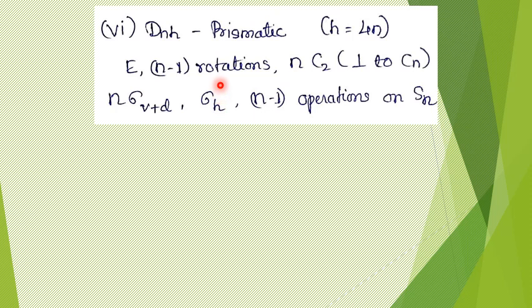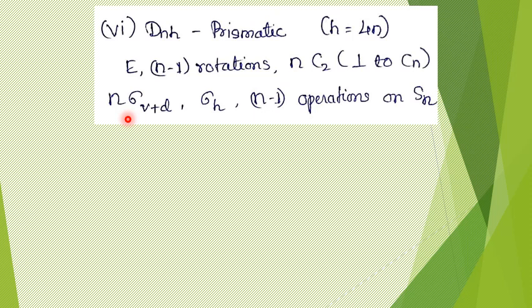To that principal axis there should be a perpendicular plane, which can be called the horizontal plane. If we can fulfill this criteria, that is the principal axis, n perpendicular C2s, along with a horizontal plane, other symmetry operations will be automatically implied, and just these three are sufficient to say that the molecule is Dnh. Right. Along with this, many other planes will also come depending on the molecule.